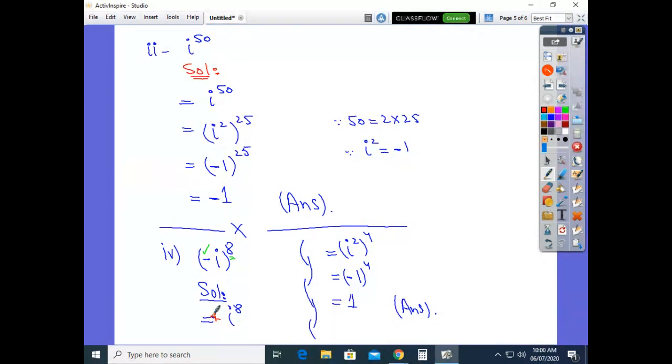Now, iota 8 can be written as iota square raised to power 4. What is iota square, which is negative 1? Negative 1 raised to power 4 means positive 1, which is our required answer.